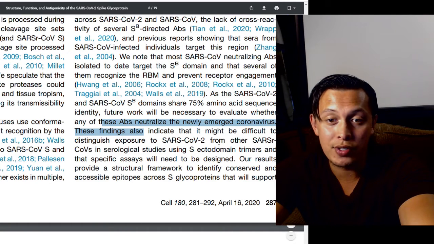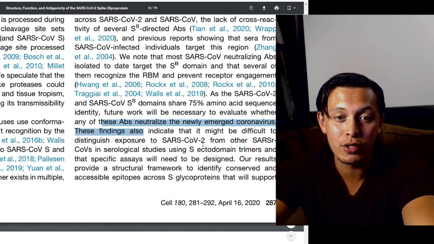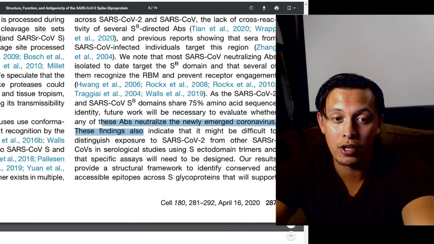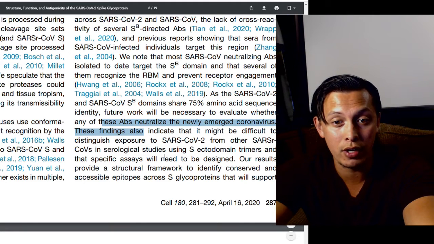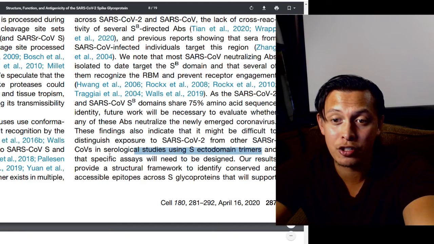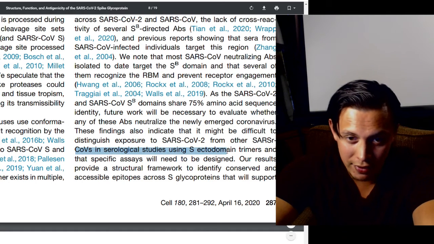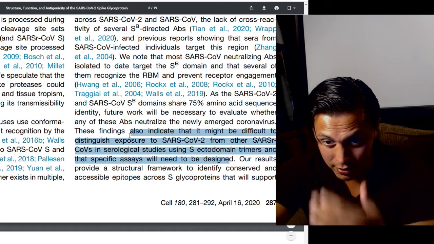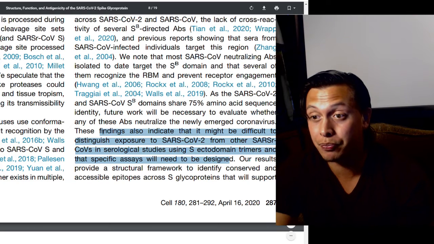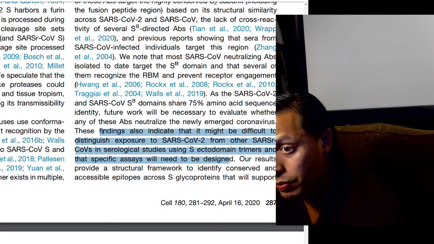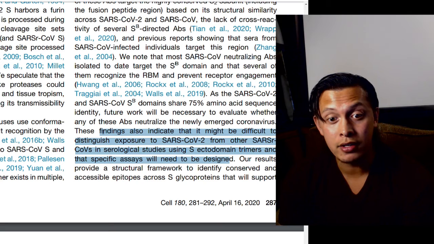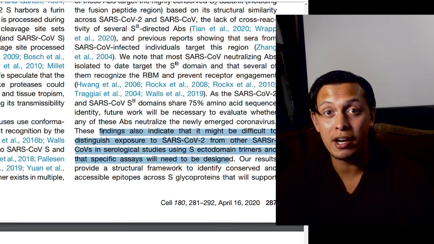These findings also indicate that it might be difficult to distinguish exposure to SARS-CoV-2 from other SARS-related coronaviruses in serological studies using the S ectodomain trimers, and that specific assays will need to be designed. So here is something that I have been worried about with our antibody studies.